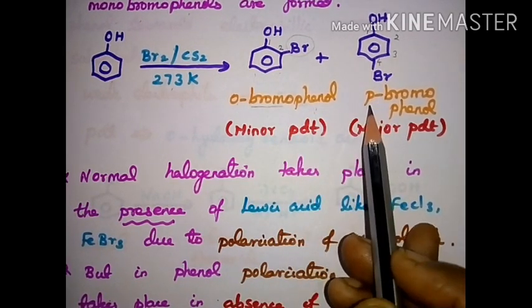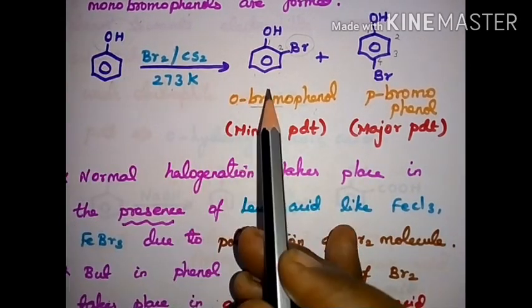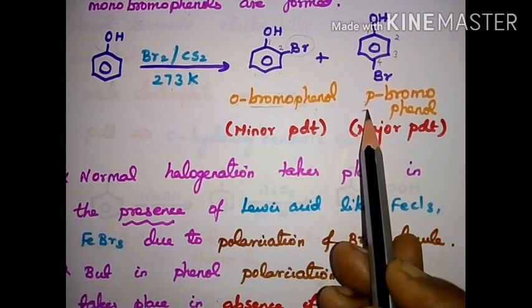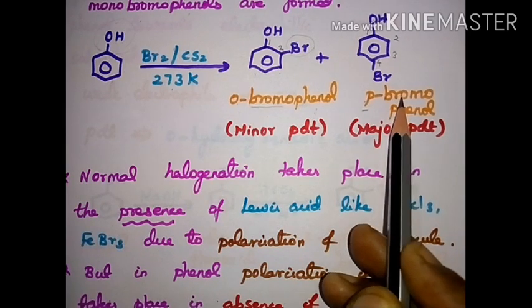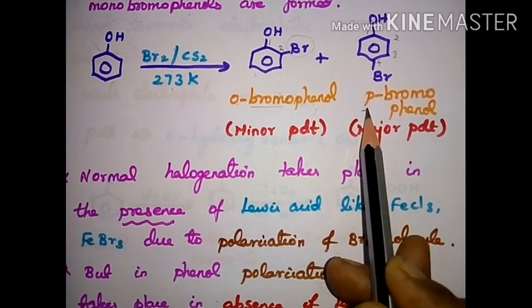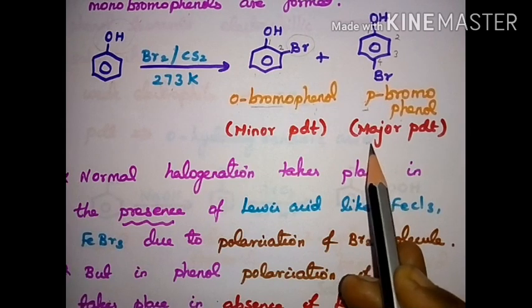And the next is para. The OH group is ortho-para directing, no? We get the ortho product and another one, the para product. In the fourth position we have bromo. We get two different products, and the one obtained in the maximum amount, the major product, is para.